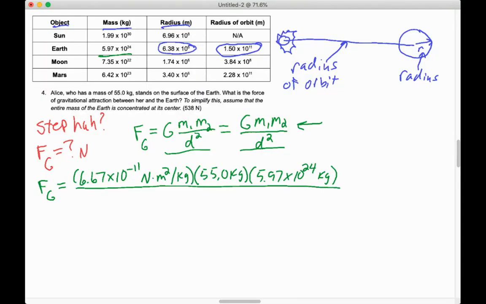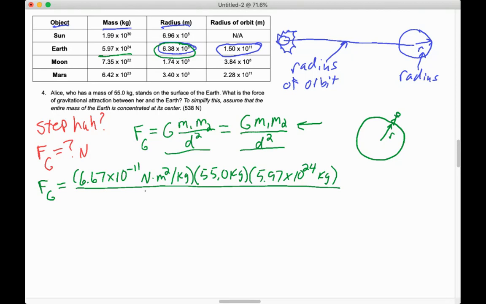So what is the distance? If you can picture, here's the Earth, and here's little Alice standing on the Earth. The distance she is from the center of the Earth is the radius of the Earth. So that's going to be this number.